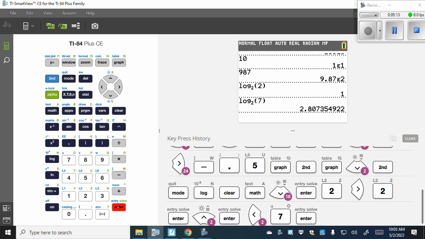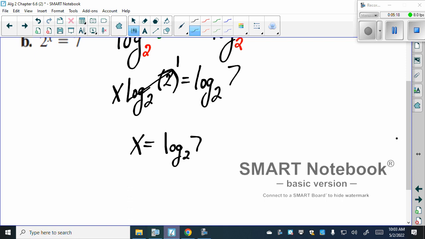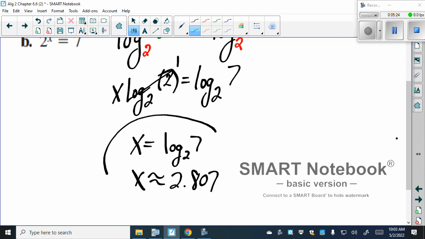It's not a rational number. So x is approximately 2.807, or we can say log base 2 of 7. Either one of these is the correct answer for this. Questions on this here?